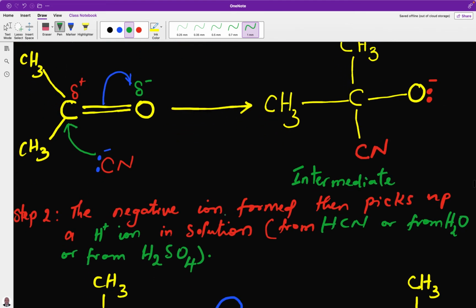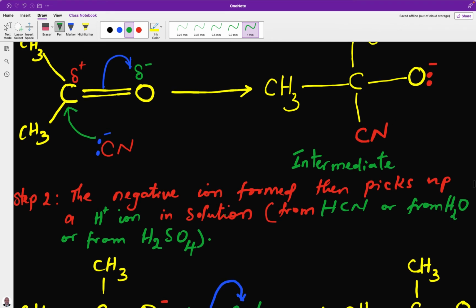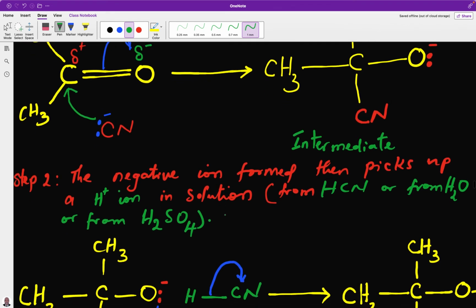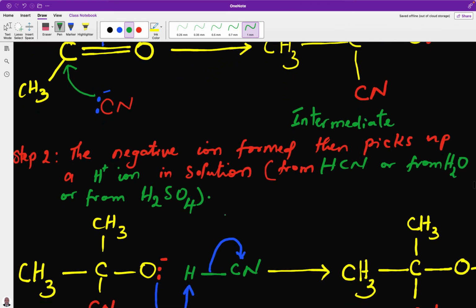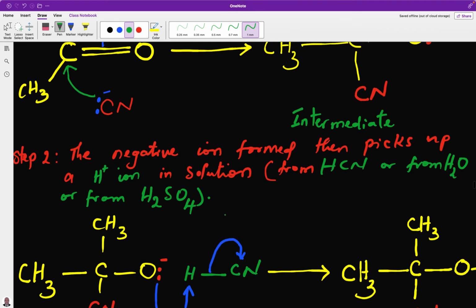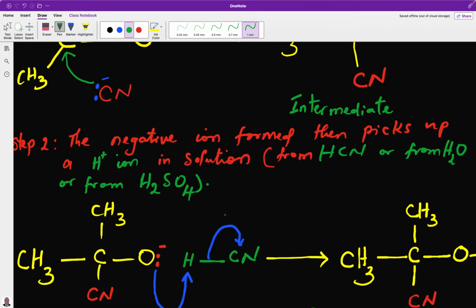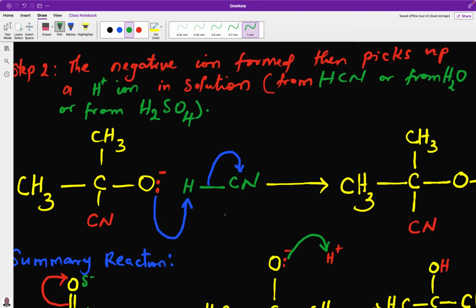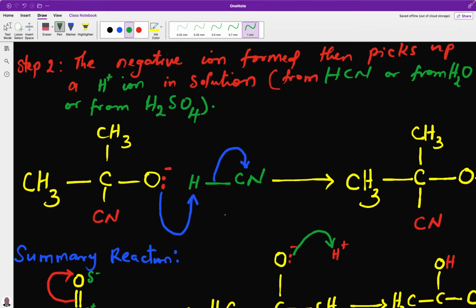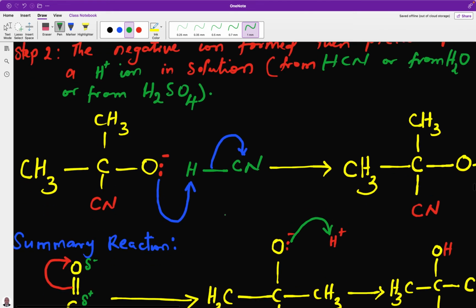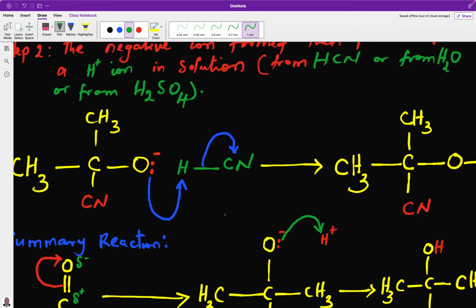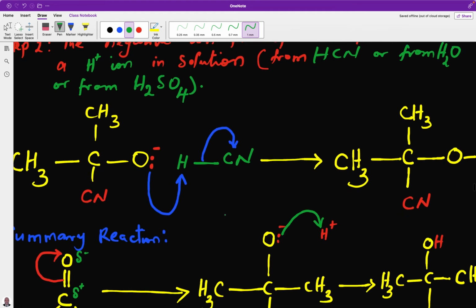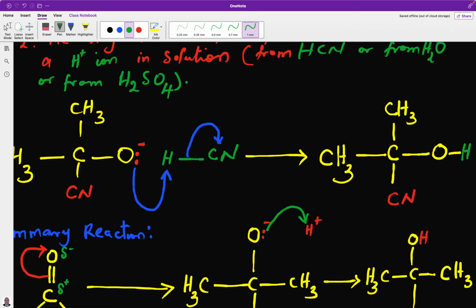The unstable and reactive intermediate, that is the negative ion, picks up the hydrogen ion in solution from cyanide. If the cyanide was not there, it could be from water, it could be from dilute sulfuric acid. In this case, it is from the cyanide. It picks up the hydrogen ion here from the cyanide.